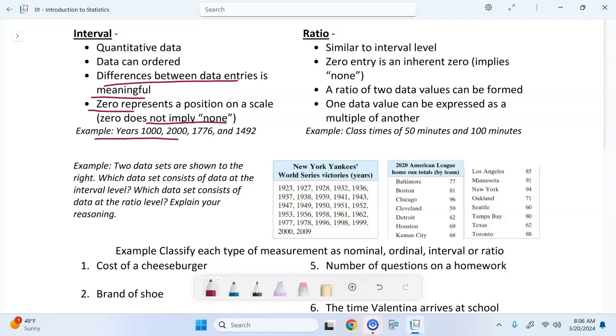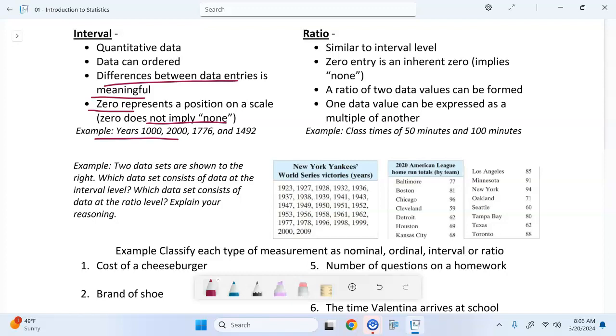The year 0 doesn't mean there was no time. It wasn't time none. It was just a time between one calendar and the next. That would be interval. But if 0 means nothing, like the amount of time left in class, 0 minutes, that means that time is over. Class is done. Okay? So if 0 is a position and doesn't mean none, it's interval. If 0 means nothing, it is nothing, then we're at a ratio.